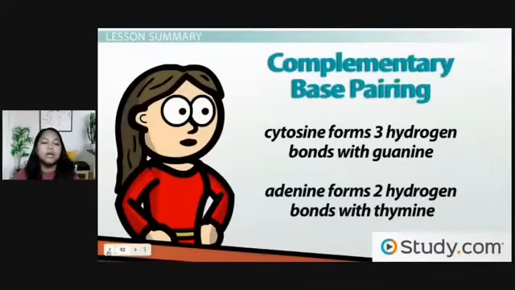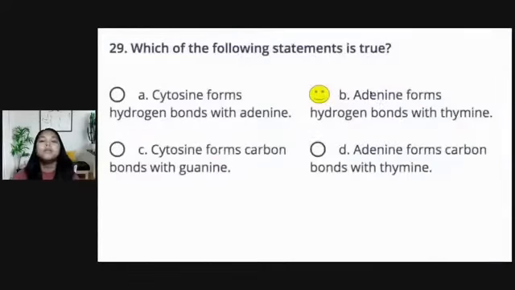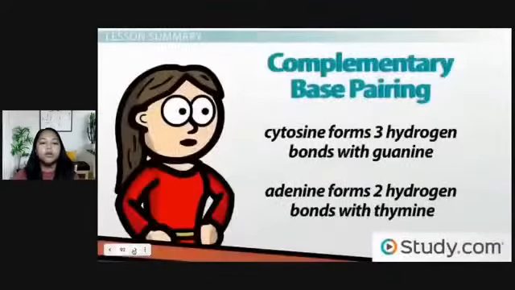Okay? Kaya yung ating choice is letter B. Adenine forms hydrogen bonds with thymine. Cytosine would be paired with guanine. Okay? So hindi po adenine. Cytosine, AT, and C, it should be guanine here. Now, C and D are both wrong because it says carbon bonds. Hindi po carbon bonds, pero hydrogen bonds yung kanilang na-form. Okay? So letter B, ang ating choice for number 29. Okay?